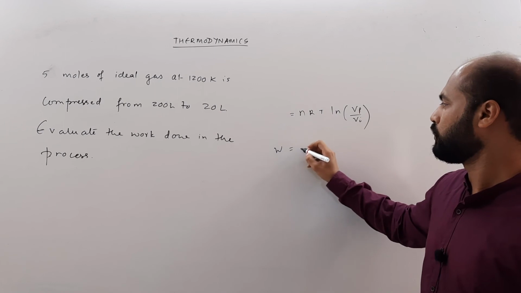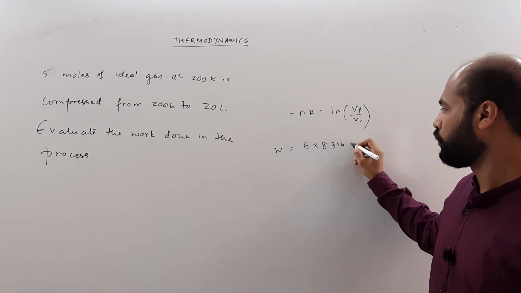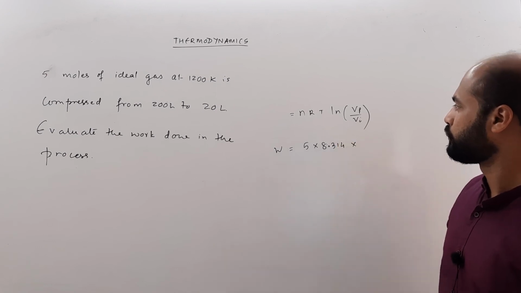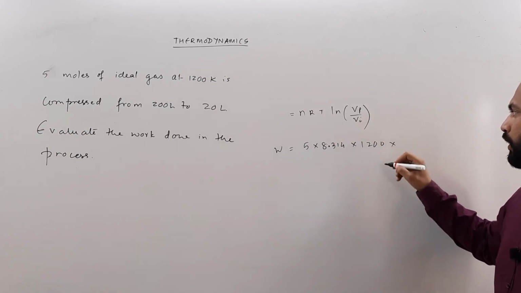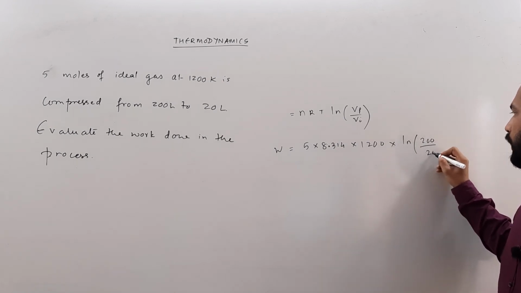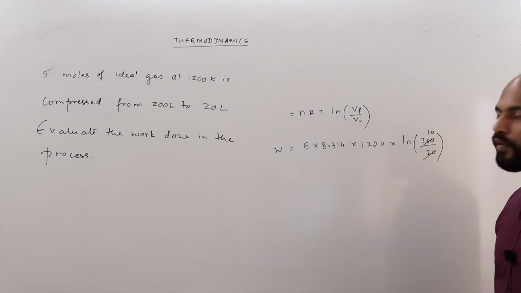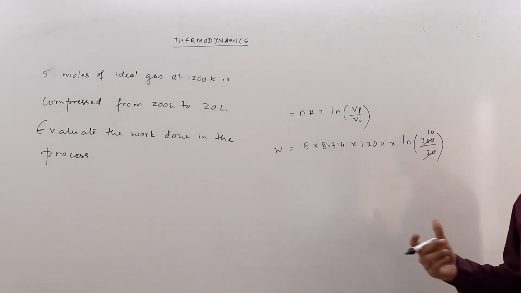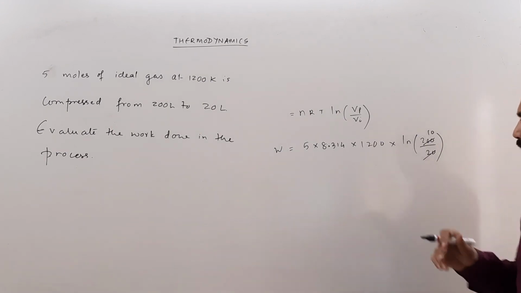So work done in this case is going to be 5 times R, which is 8.314, times the temperature, given as 1200 Kelvin, times ln of 200 by 20. So 200 by 20 is 10, so we get ln 10. Now ln 10 is difficult to find in the sense that we don't know the value, but log 10 we know.